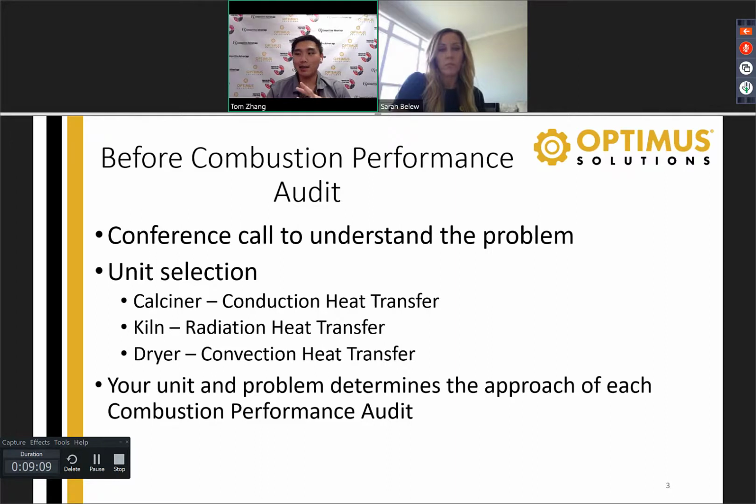Remember in the last slide, I talked about how the combustion is the heart of the process. Well, each of the units has its own way the heat transfers, and the way the heat transfers actually dictates the combustion process.